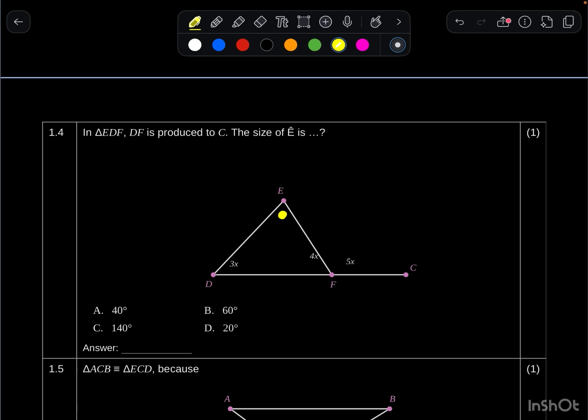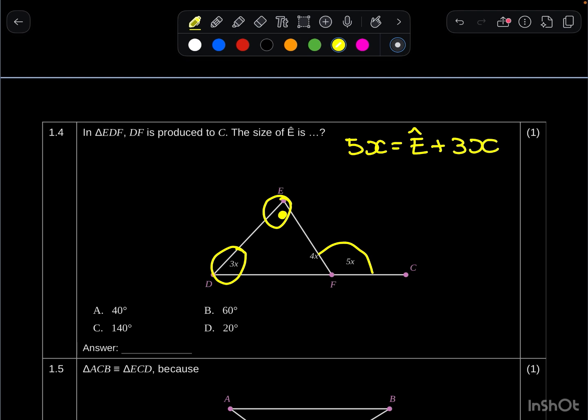You can use the exterior angles of a triangle. So we can say this 5x is equal to angle E plus 3x.